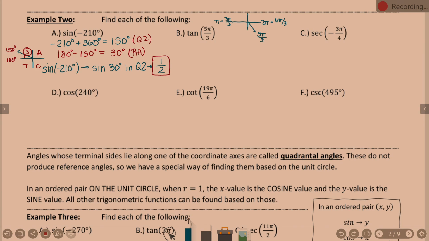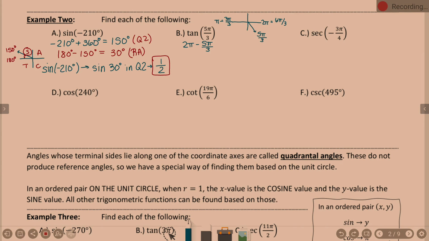Now, where is it closest to the x-axis? 2 pi, which is 6 pi over 3. So technically my brain is thinking 2 pi minus 5 pi over 3. But I'll be honest, my brain never even says 2 pi. My brain says I need that fraction.